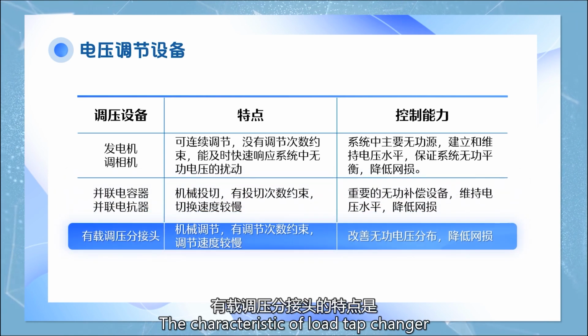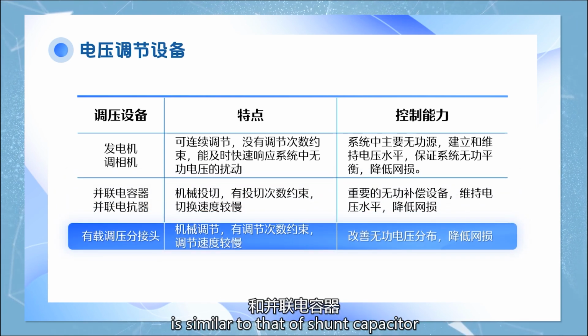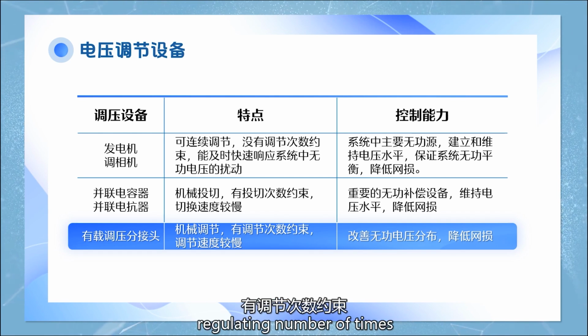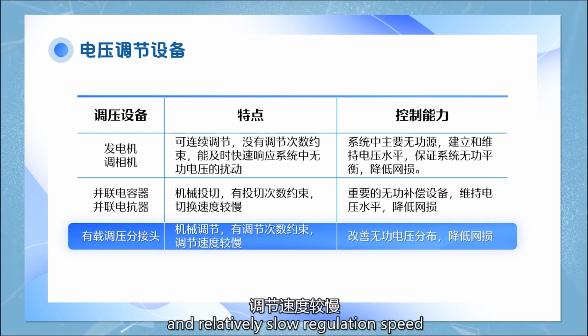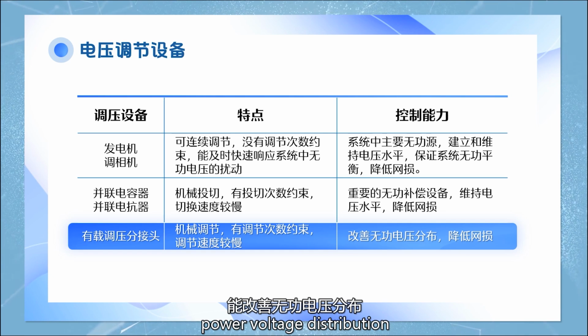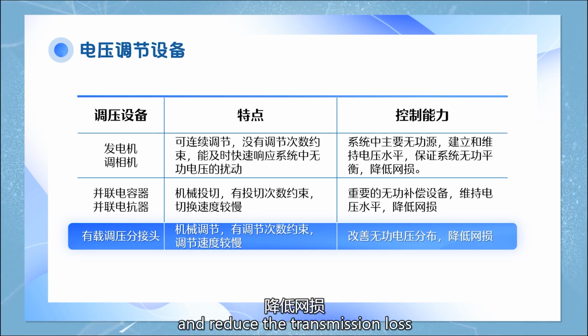The load tap changer is similar to shunt capacitors and shunt reactors, belonging to mechanical regulation with a constraint on the number of regulations and a relatively slow regulation speed, which can improve reactive power voltage distribution and reduce transmission loss.